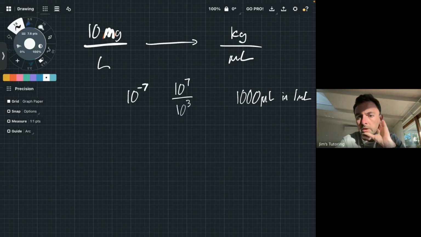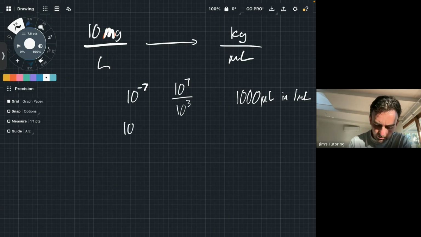So that's another one. Anyone else? We've got 10 to the negative 8 as well. So this one would be 10 to the 4, I guess. So we've got a few different answers.